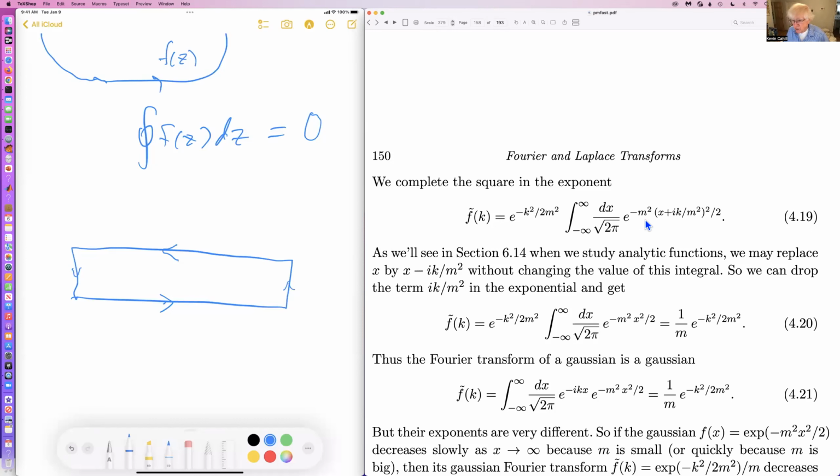So they vanish. And so this one is going in the opposite direction, so it has a minus sign. So the only way that this integral can vanish is if the integral that way is equal to the integral this way.